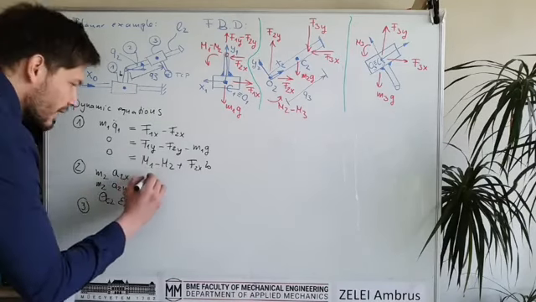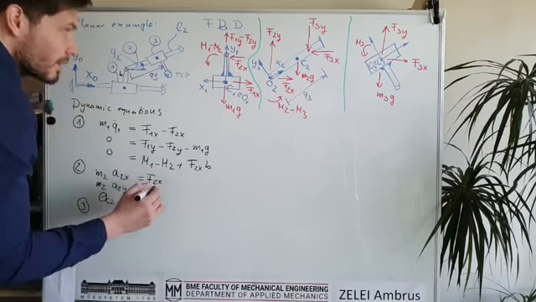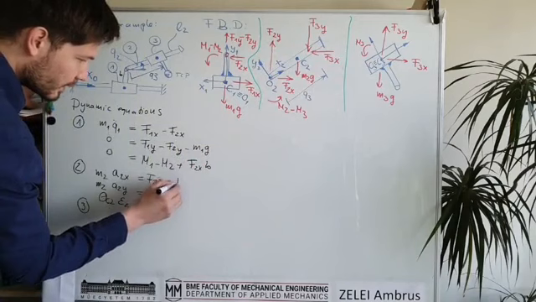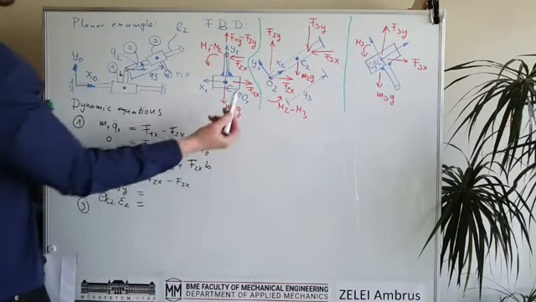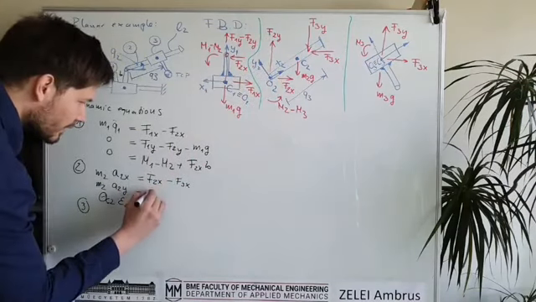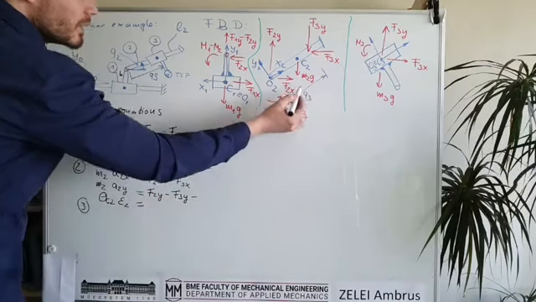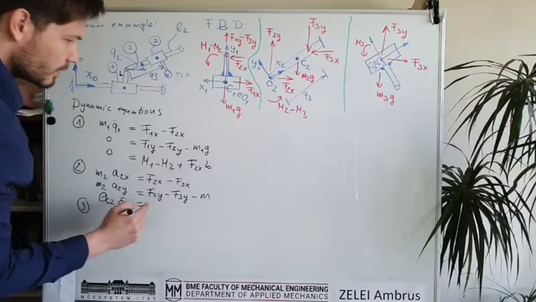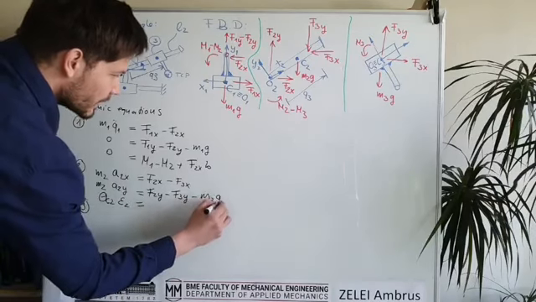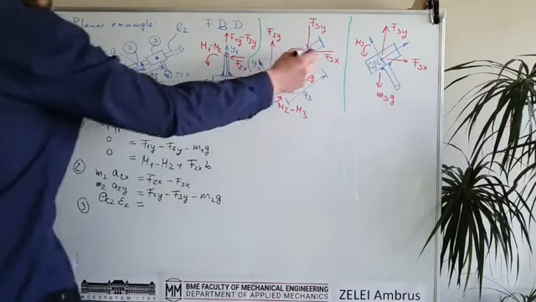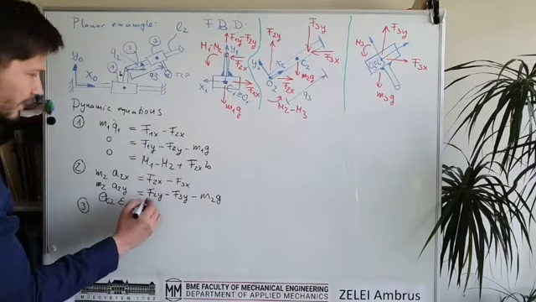So in the second case there is f2x minus f3x, and in vertical direction there is f2y minus f3y minus the gravity m2 times g. And additionally we have some torques acting on the center of mass.